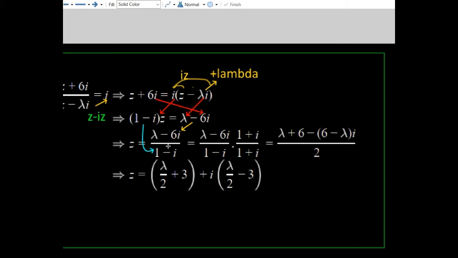One of the main things to realize is that there is always the capacity, in this situation where you have a complex number in the denominator, to use a technique where you multiply the top and bottom by the complex conjugate.